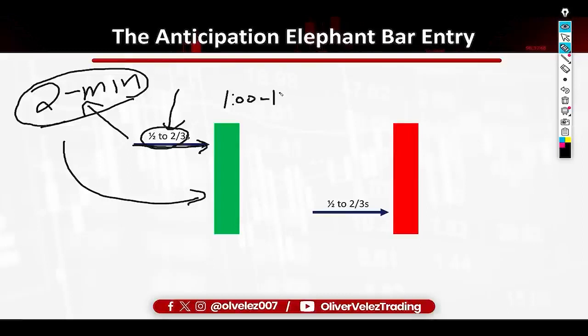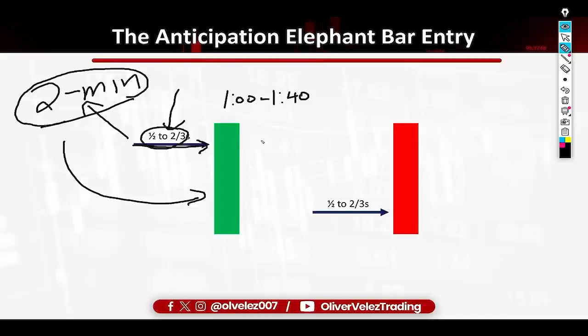Something like 1 minute, I'd say, and 40 seconds. Anywhere between 1 minute, that's a little on the early side, to 1 minute and 40 seconds or so, you're entering before the 2-minute bar is over. You're inside of that elephant bar with your money. You have put your risk, you have put yourself inside of the bar.